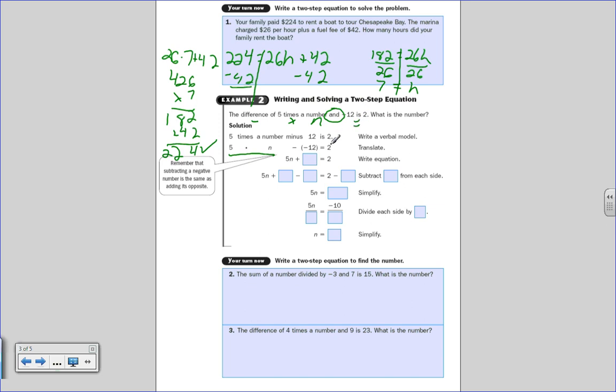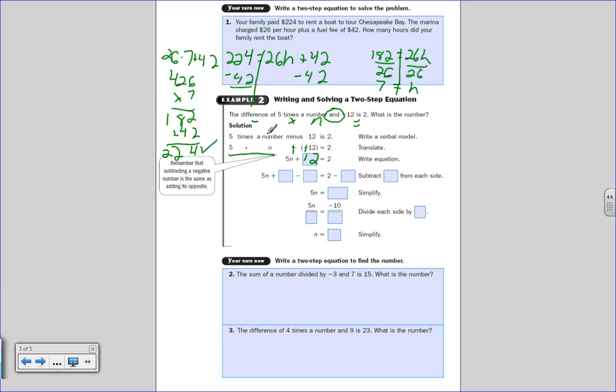So equals 2. So that's all it is. 5 times n, 5n. And is where we're putting that operation, subtraction. That's the most important thing to remember, that and. Okay? Now, they did change this because it was minus and negative. Remember the rule, add a line, change the sign. So that's the same as 5n plus 12 equals 2.